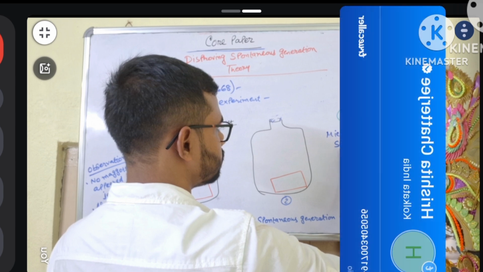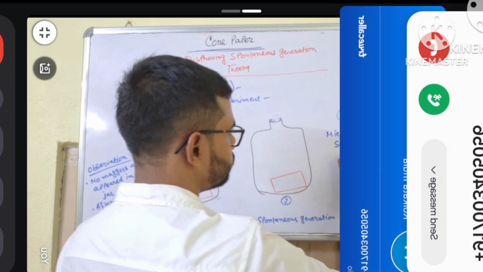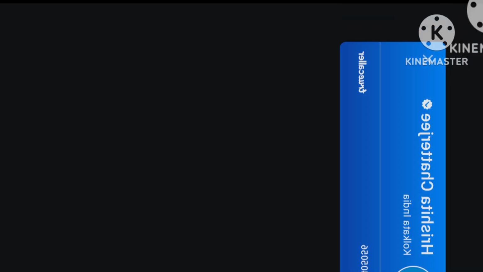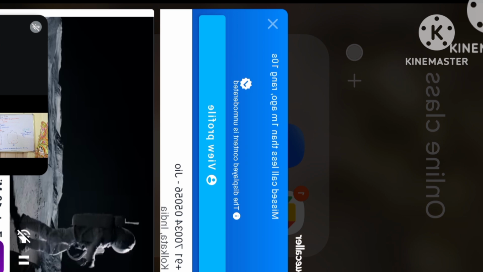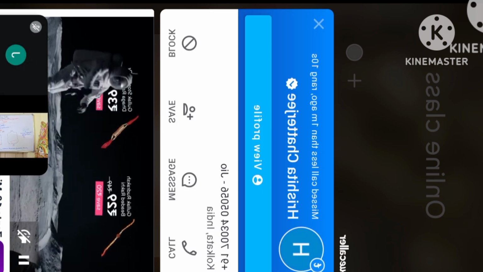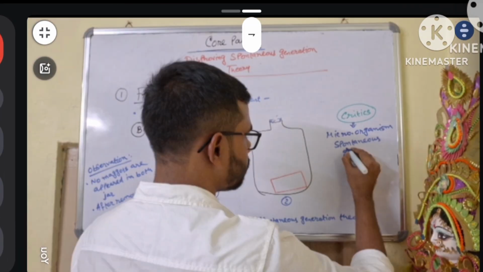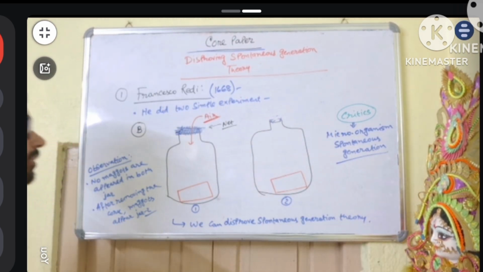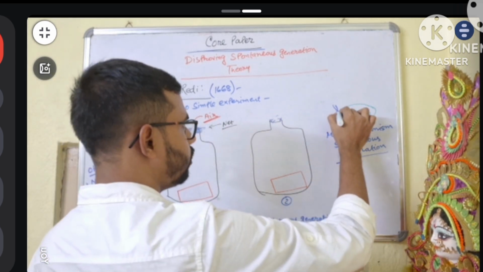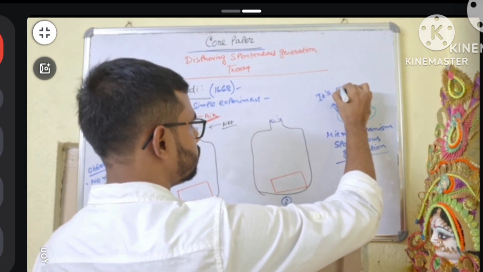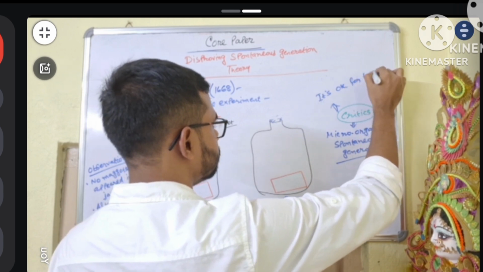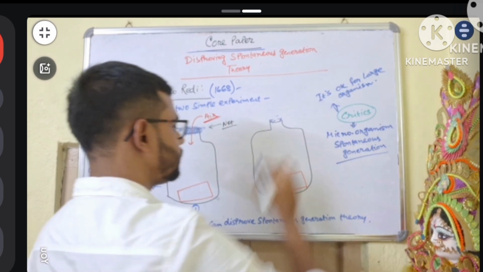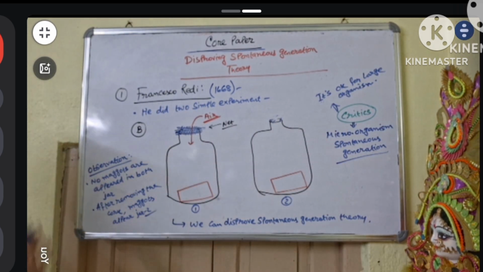Microorganisms, spontaneous generation. After Redi's experiment number 2, they said that it is okay for large organisms like maggots, that biogenesis theory is accepted.